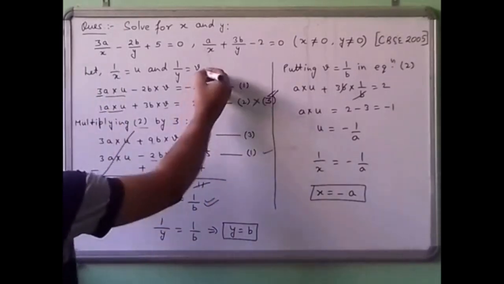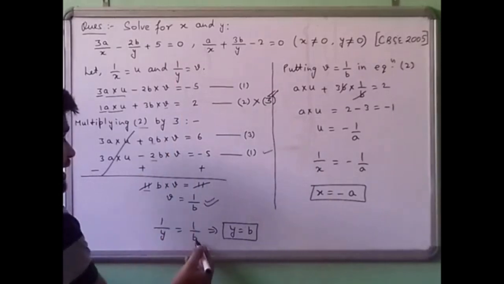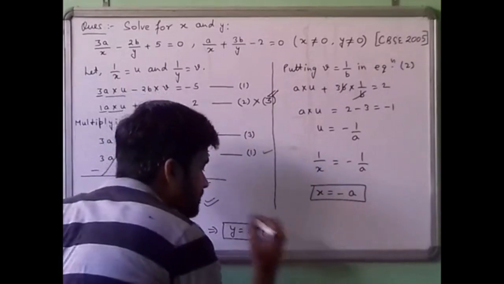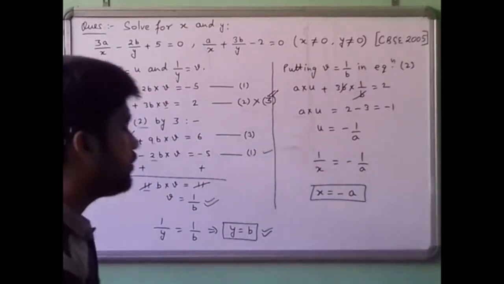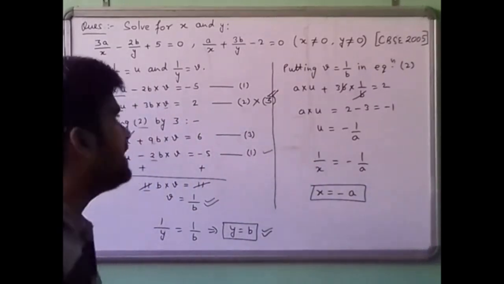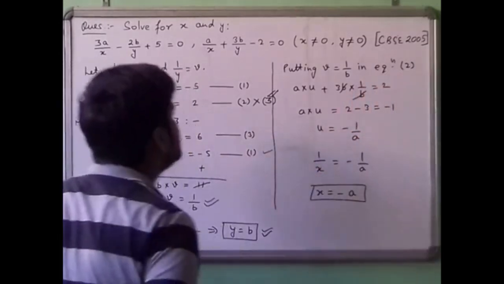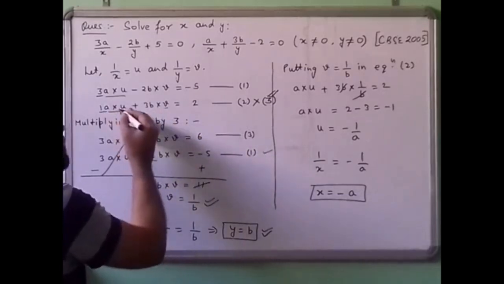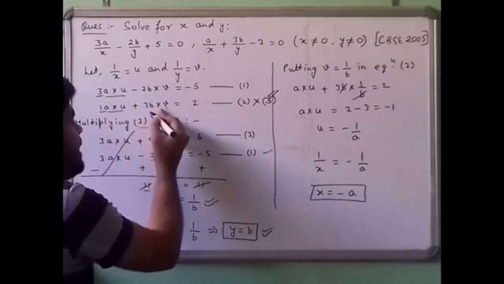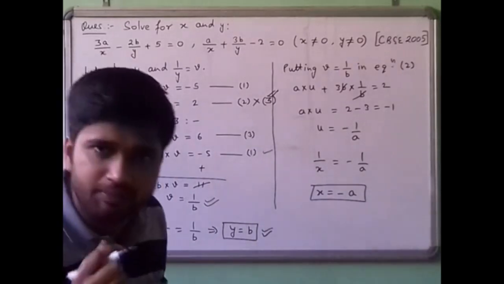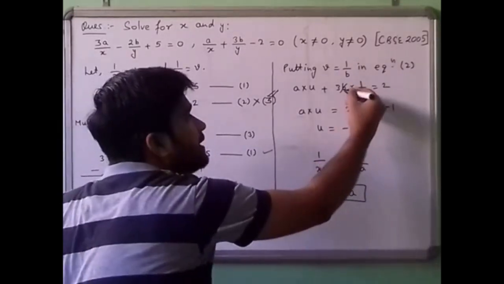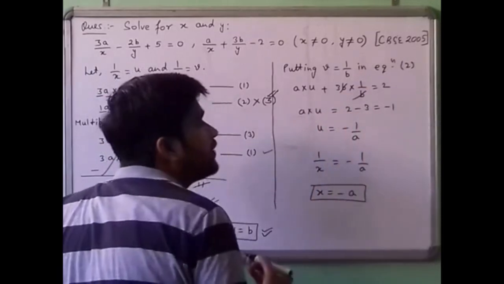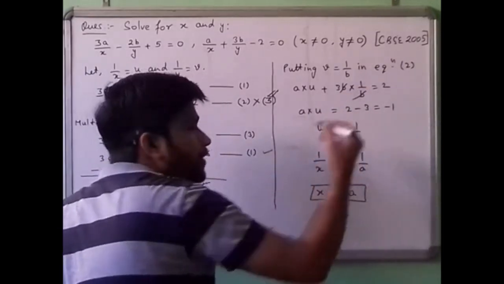Now putting v equal to 1 upon y, taking the reciprocal on both sides, the value of y is equal to b. Now putting y equal to b in equation 2: a multiplied by u plus 3b multiplied by the value 1 upon b. b cancels out with b, and a multiplied by u is equal to 2 minus 3, which is minus 1, or u is equal to minus 1 upon a.